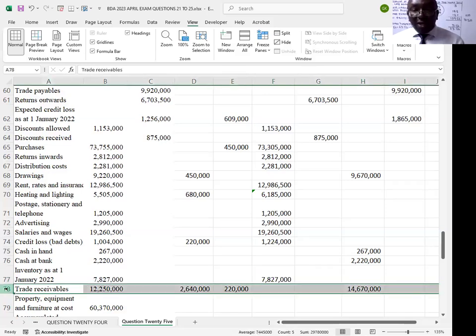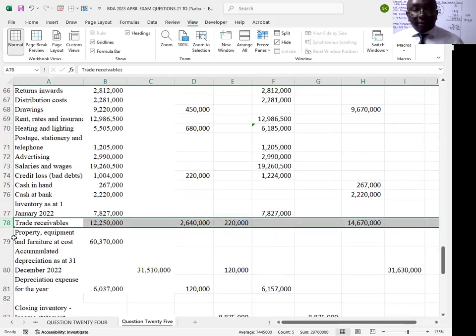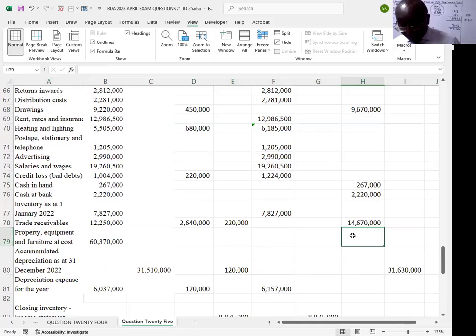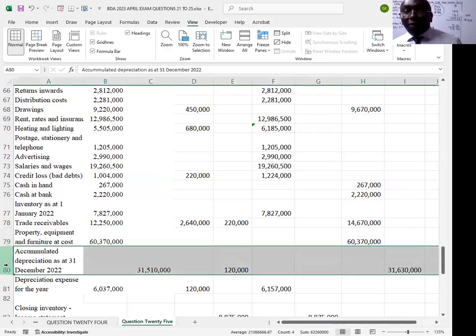Receivables, we adjusted to the end. Plant, property, and whatever, no adjustment, but we know it is a fixed asset, should be here. It should be on the debit of the statement of financial position.